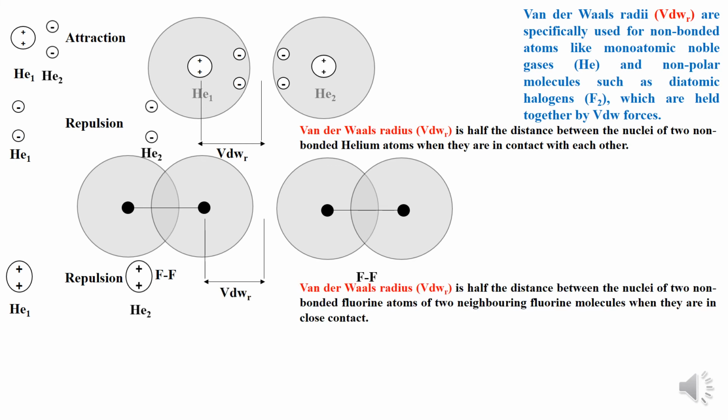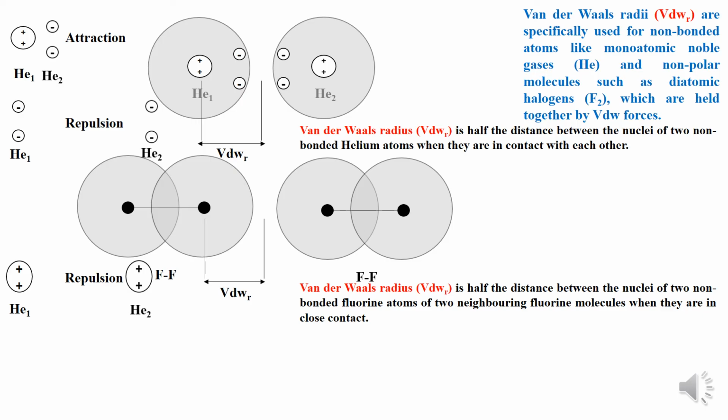And the van der Waals radii in case of these 2 fluorine molecules approaching each other, that is when they are in close contact, will be half the distance between the nuclei of 2 non-bonded fluorine atoms of 2 neighboring fluorine molecules when they are in close contact.